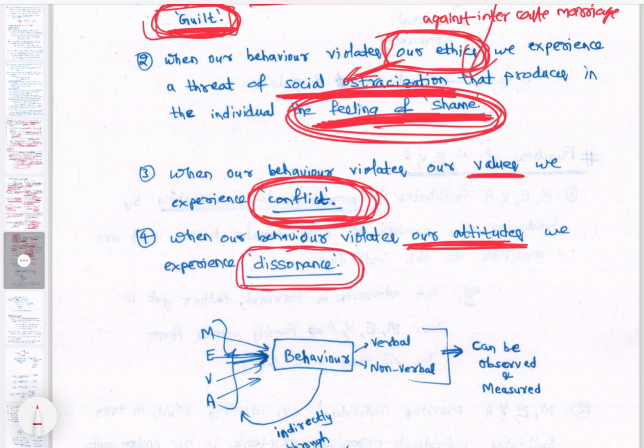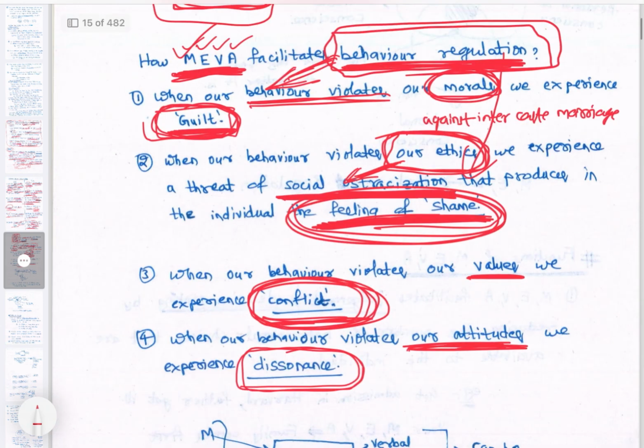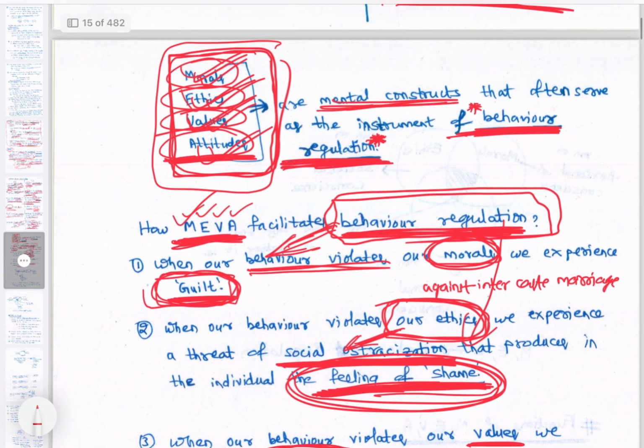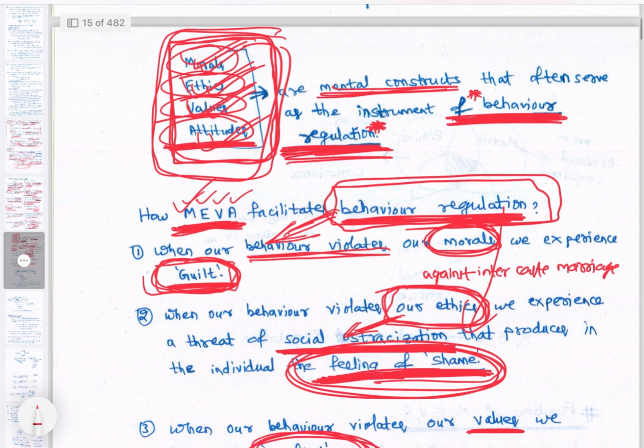Dissonance is a sense of feeling bad, an inner dissonance; you will feel bad about yourself. So the main function of morals, ethics, and values is behavior regulation, regulating the behavior of individuals in society.